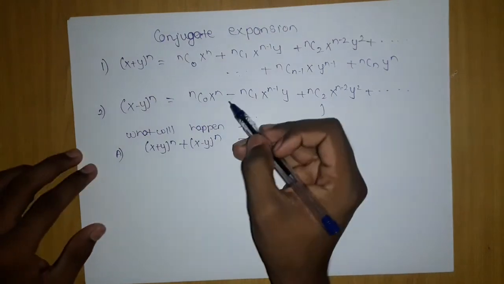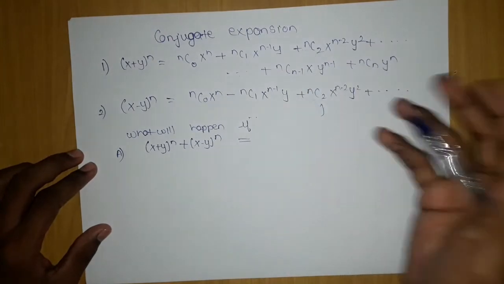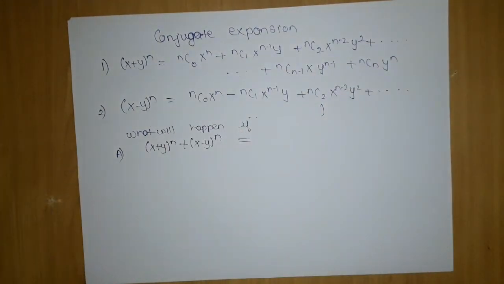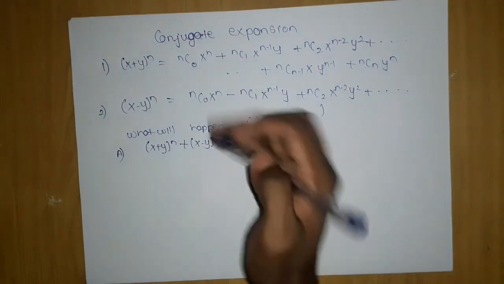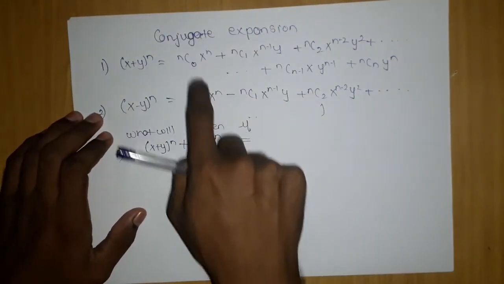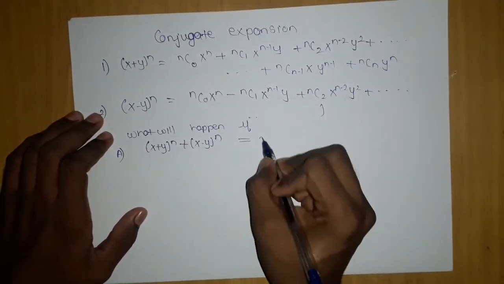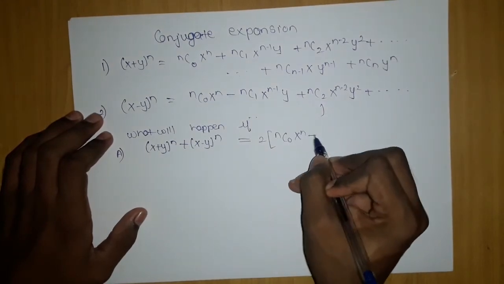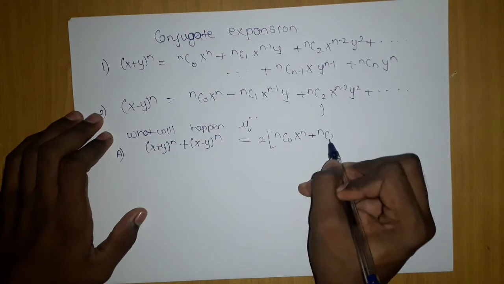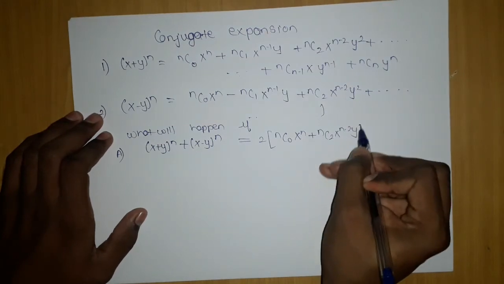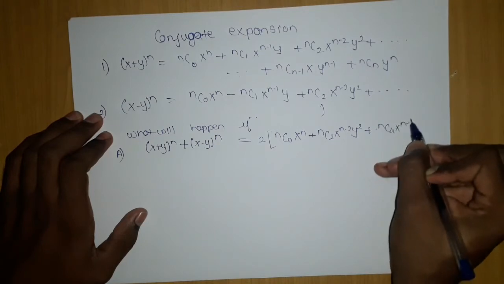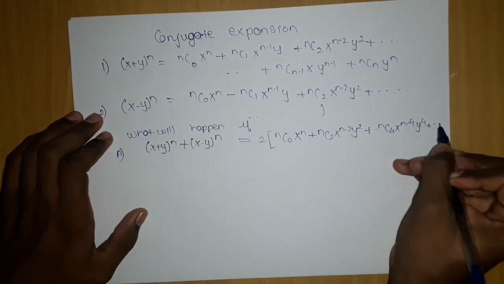By observing, all the odd terms will get nullified and only the 0, 2, that is, the even place terms will be left. So it will become twice, like here the terms are twice, here the terms are twice. So you can say twice nC0 x^n, nC2 x^(n-2) y^2, and nC4 x^(n-4) y^4, and this will go on.